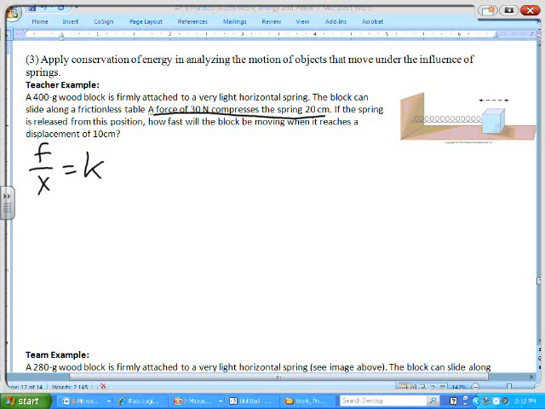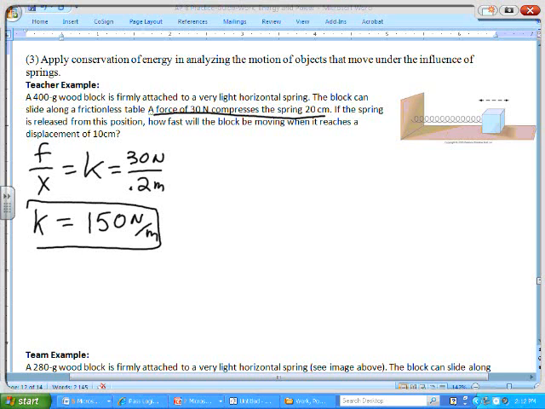So in this case, k is 30 newtons per 0.2 meters, which looks like 150 newtons per meter. That's a piece of information that we're going to need later.